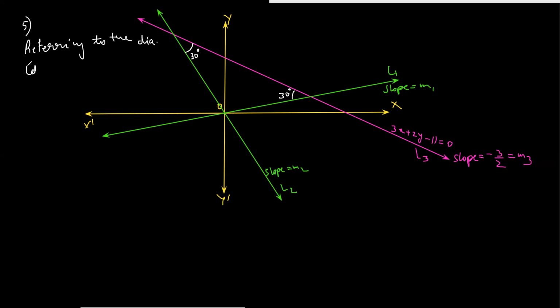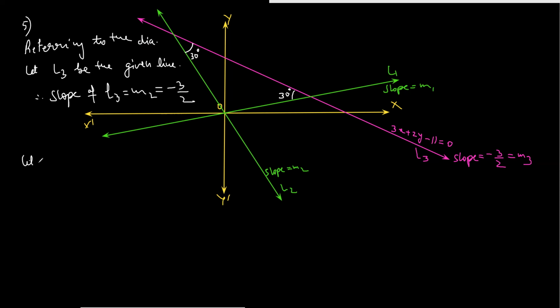Now I write: let L3 be the given line. Therefore, slope of L3 is M3 equals minus 3 by 2.